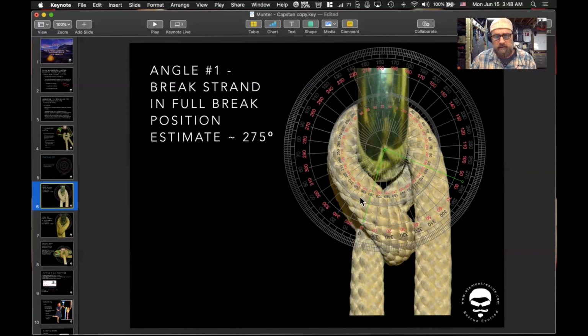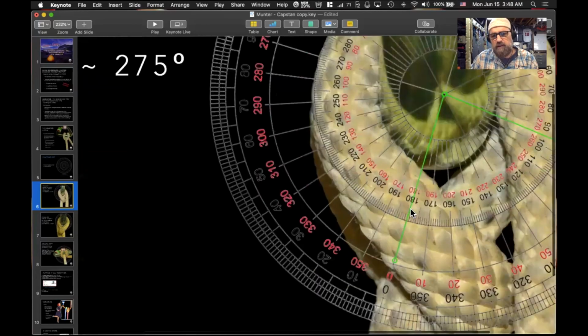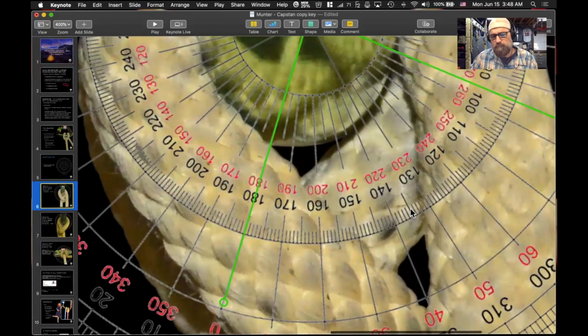So on the first one, and I'll go back and forth and expand these out, this is the first angle we're looking at. For context, the line on the right is your brake cam. The line on the left is what's coming from the anchor. So when we go in here, we take that brake strand, and in a full brake, which is parallel, obviously I can go a little bit further as we do when we're doing vertical stuff. I can overextend that a little bit as if I was going to go into a monster Munter tie-off or something like this.